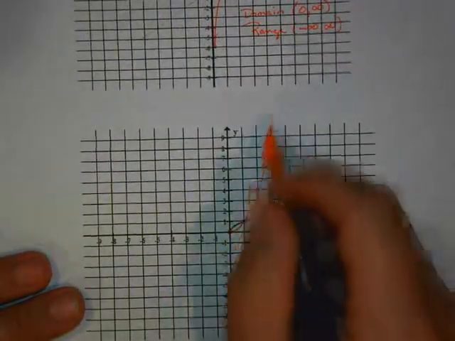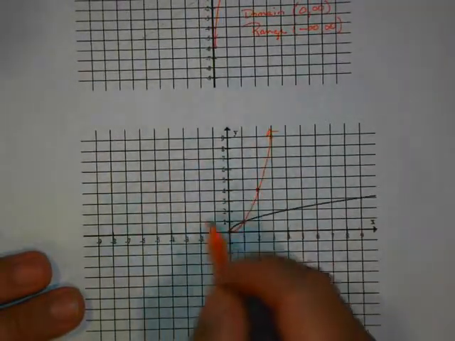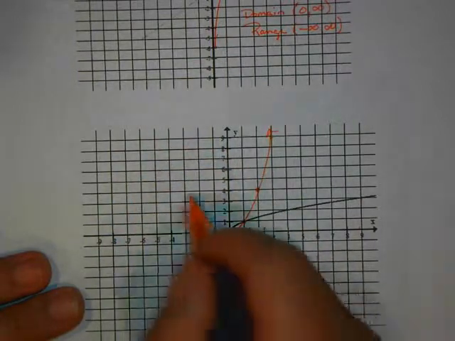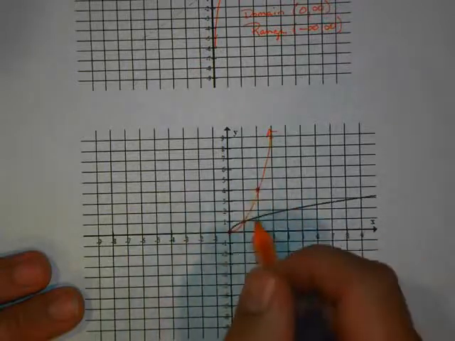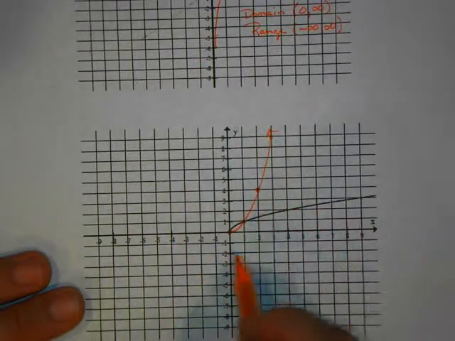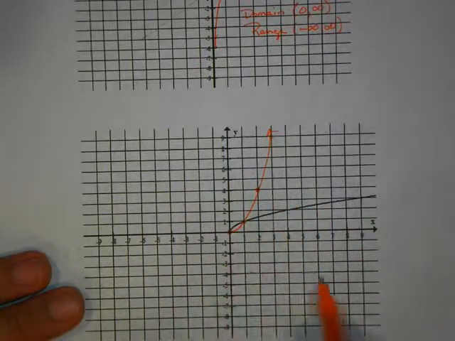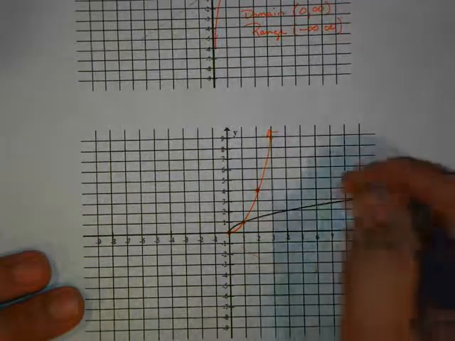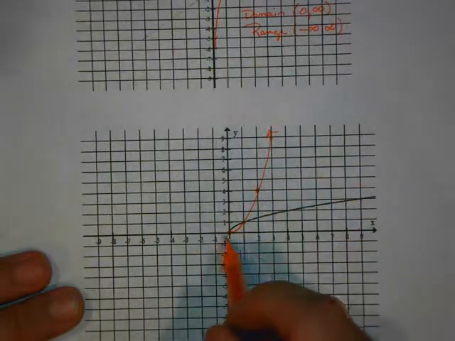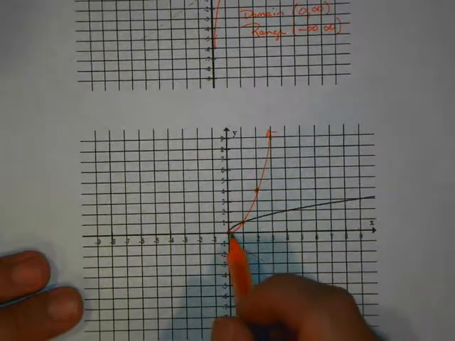I say half because we're not going to have the other half of a quadratic, because that would fail the horizontal line test, which tells you that the inverse would not be a function. If we had a parabola here, it would fail the vertical line test, telling you it's not a function. But the domain and range on both of these would be greater than or equal to 0.